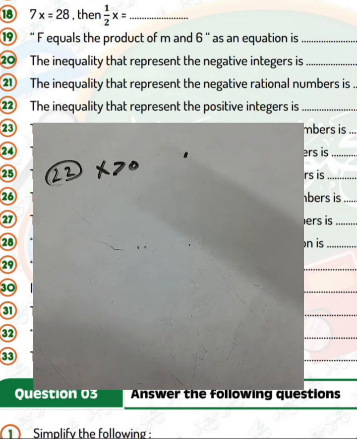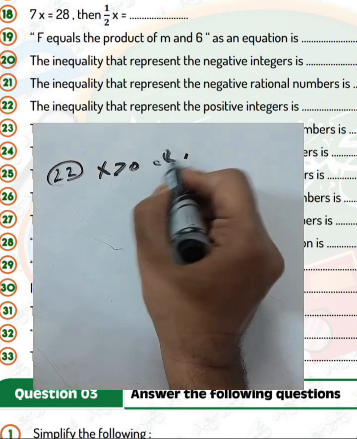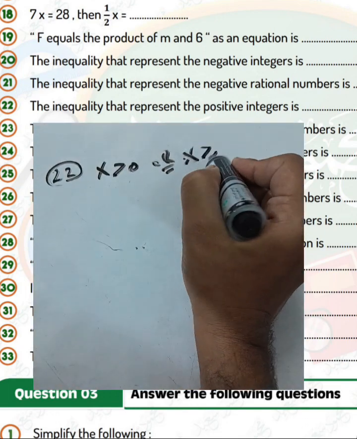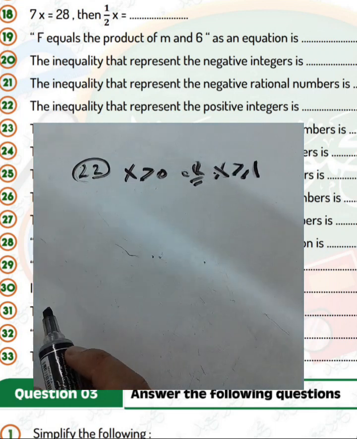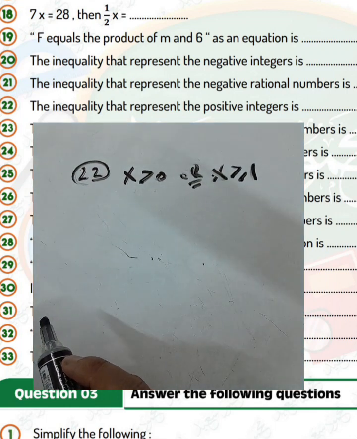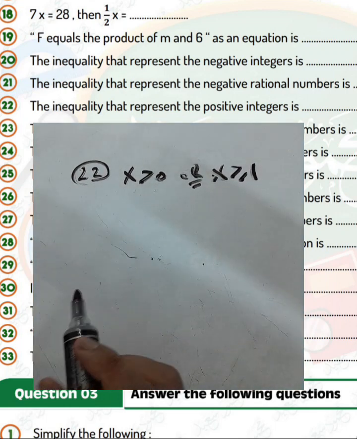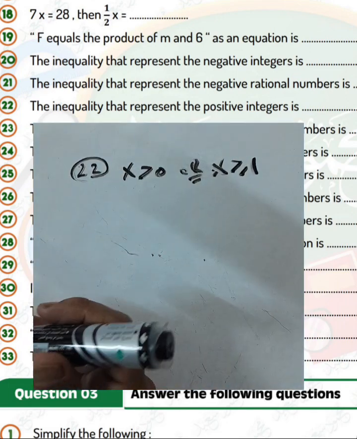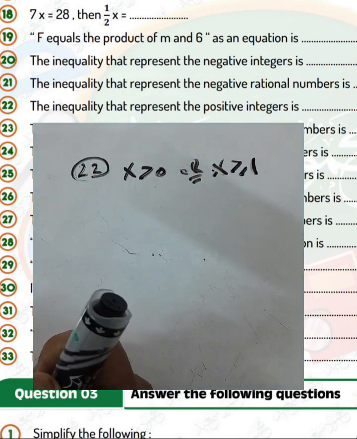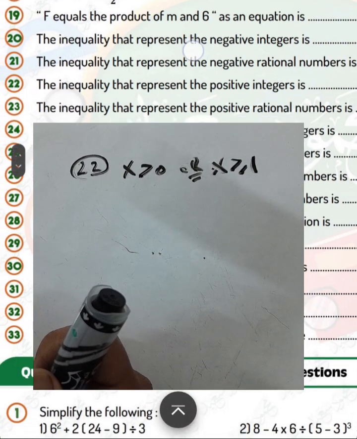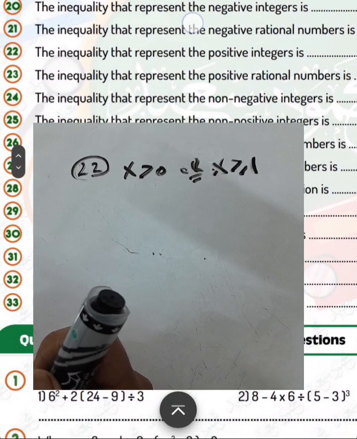Question 22, or we can write x greater than or equal to 1. Positive integers begin by 1.